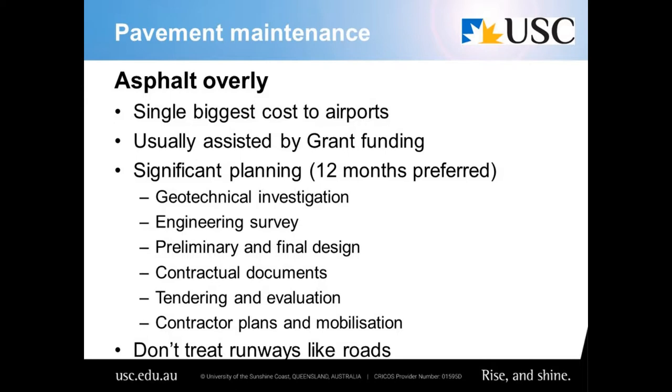You're really looking at 12 months' worth of geotech survey, designing, going through the contractual stuff, the tendering, and then allowing the contractor enough time to mobilise plant and equipment to site in order to do the work. And again, if you treat your runways like they're roads, you won't necessarily be happy with the outcome. So even in smaller airports, there are some things that need to be different to doing it like a road if you want to get the right answer.